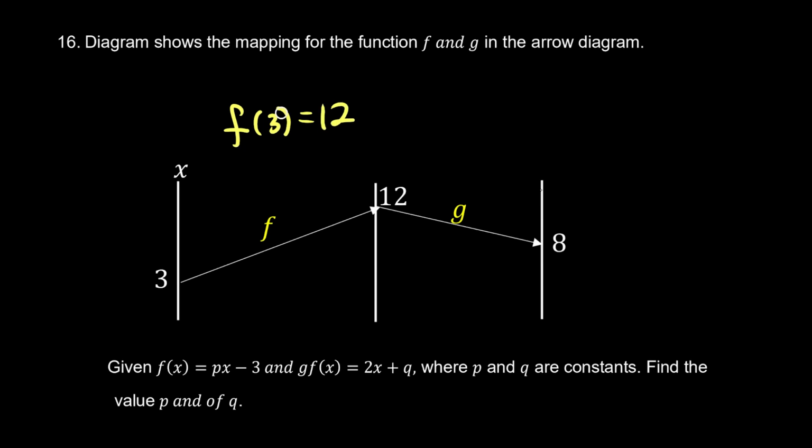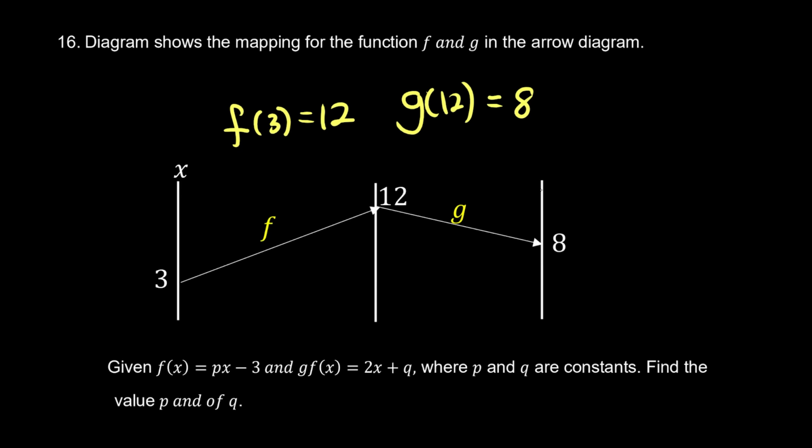Just imagine, when the f function goes this way, 3 will become 12 after going through the f function. And the second one we see here is g. Can you guess how do we write it? Yes, it's just g. When it receives 12, the answer is going to be 8. So these are the two functions that we can have from the graph.